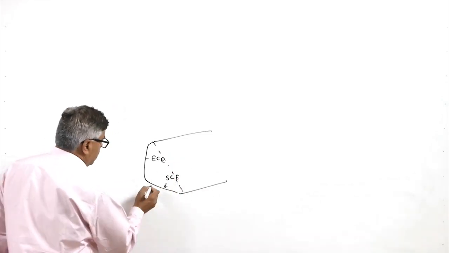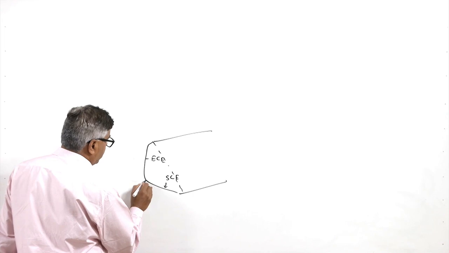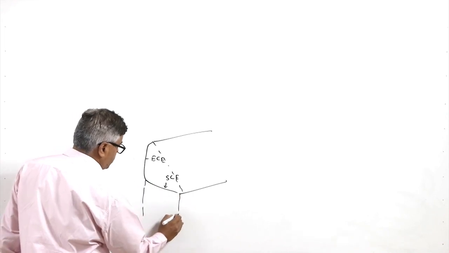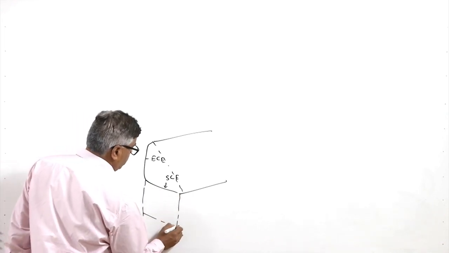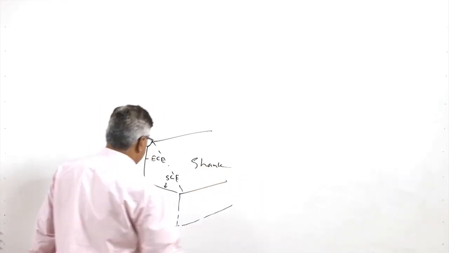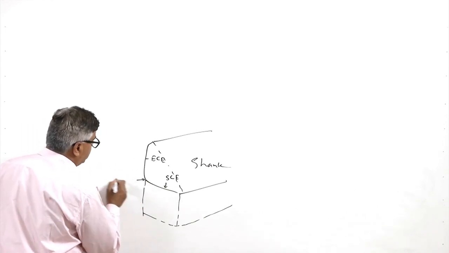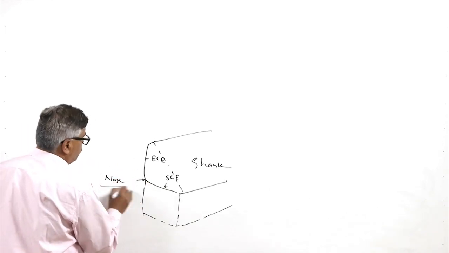So, this is the edge which will be working with the workpiece, and this is the lower portion of the cutting tool, this is the shank. And this is the nose of the tool.